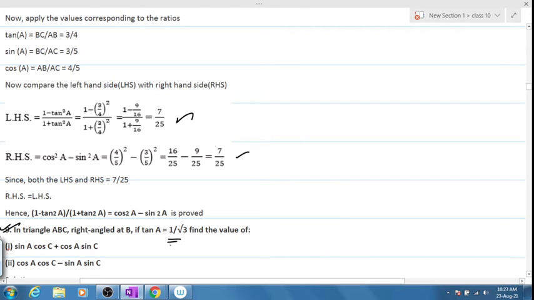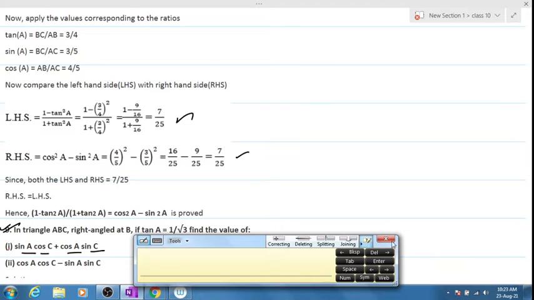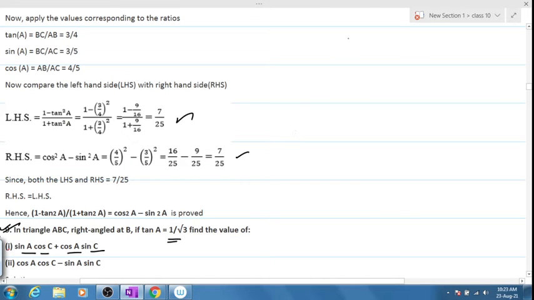Tan A has been given to us as 1 by root 3. Is it clear? We have to find out the value for sin A cos C plus cos A sin C. Now, I think calculation of sin A and cos A will not be a difficult task, but there will be a bit of issues in finding C's angle. So, first of all, what you have to draw is a triangle.